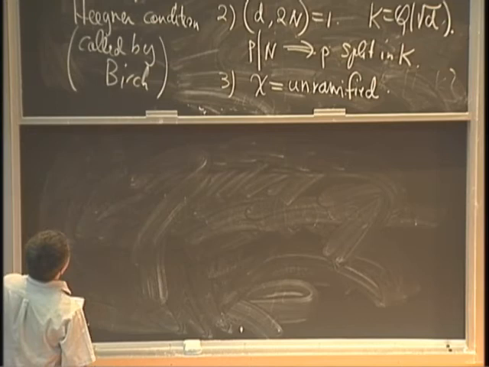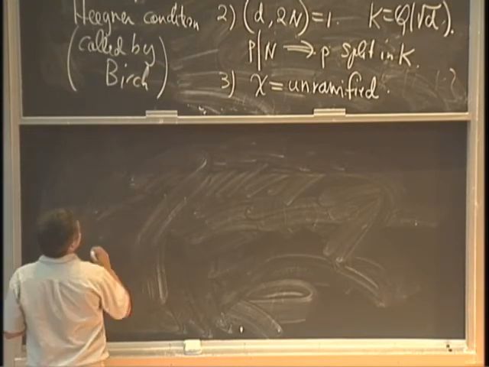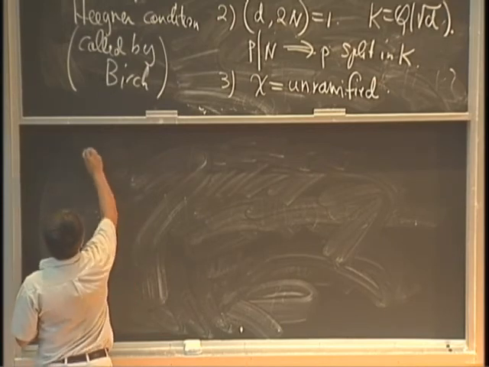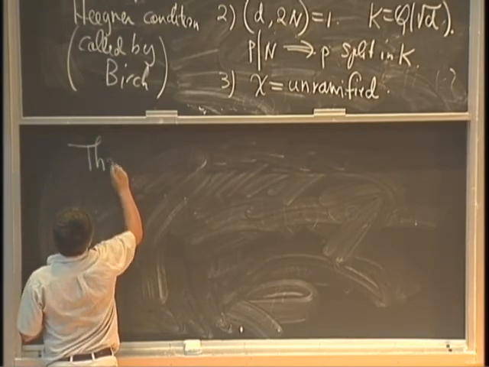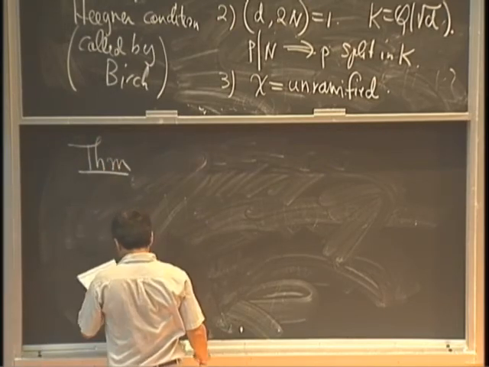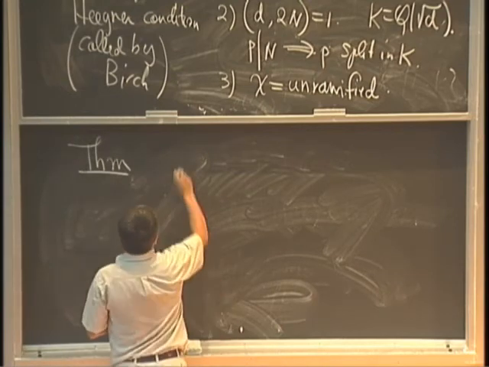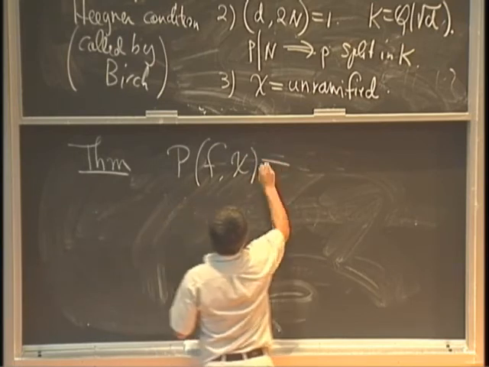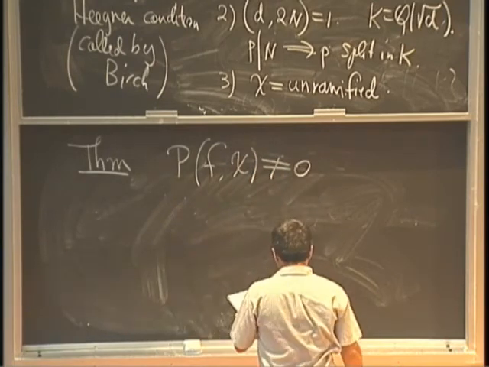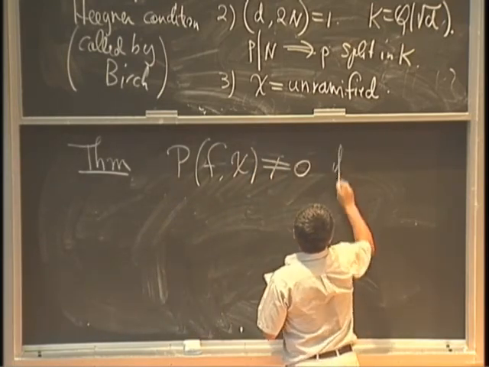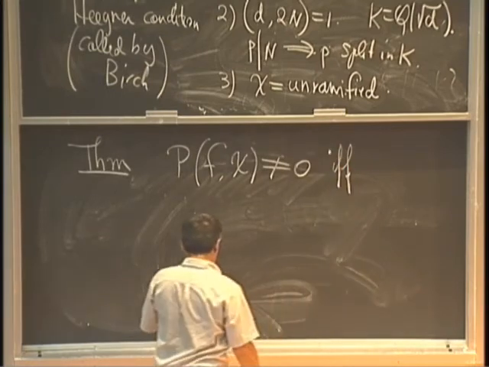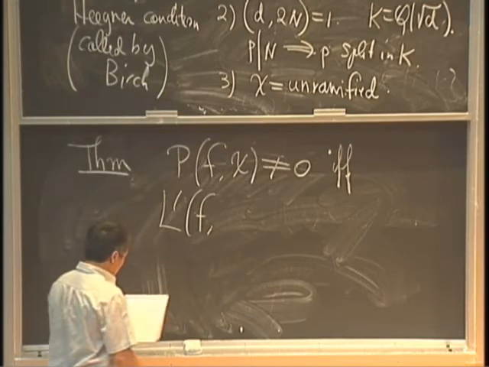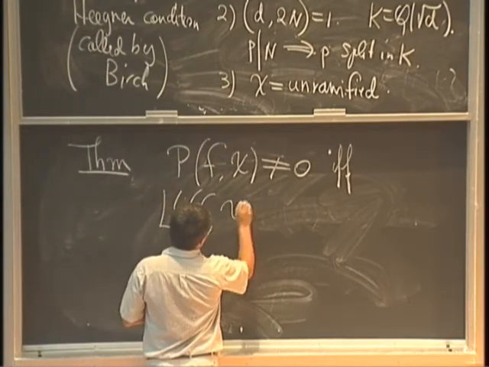So these conditions have two consequences. Then the theorem proves that, let me write it in two parts. The first part is that the Peirce integral P_f(chi) is non-zero if and only if a certain special value of an L-function is non-vanishing.